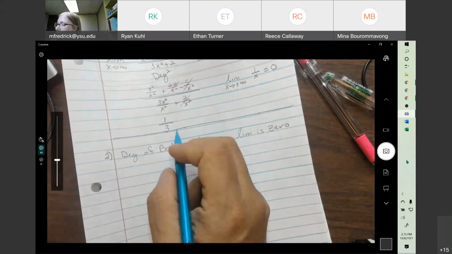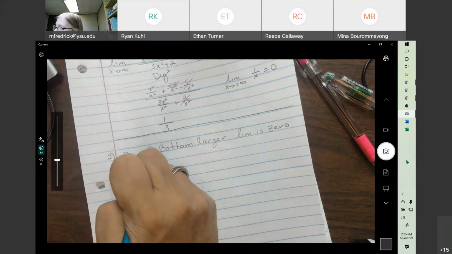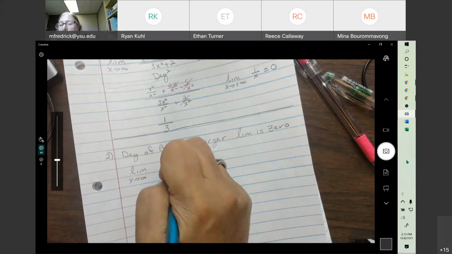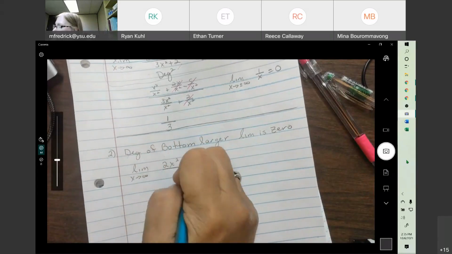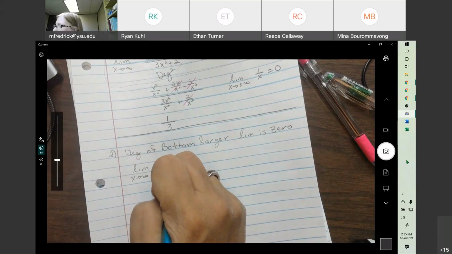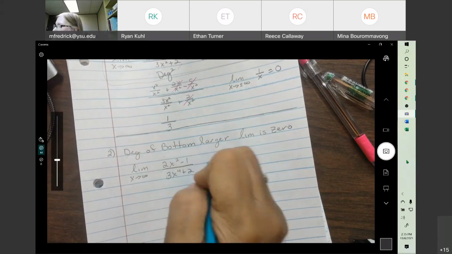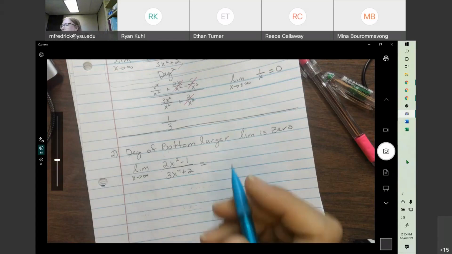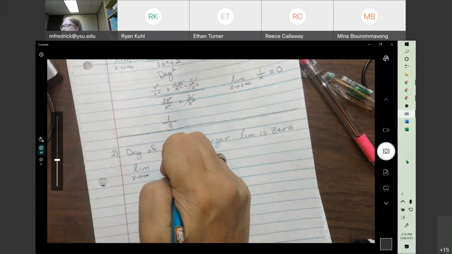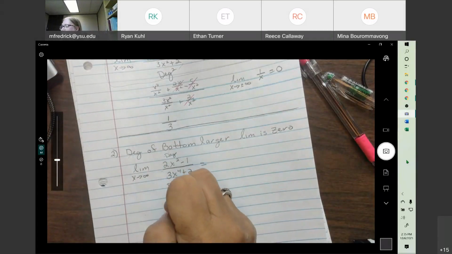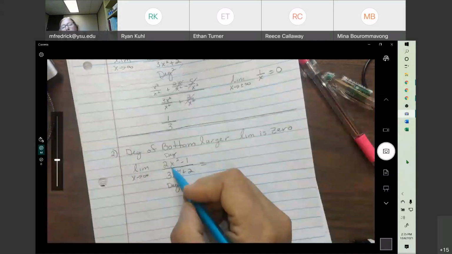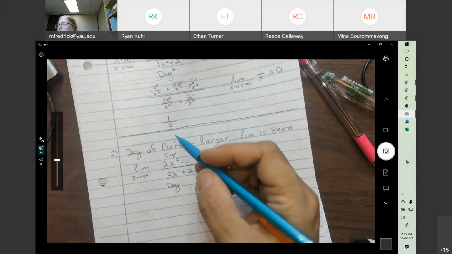If we had the limit as x goes to infinity, 2x squared minus 1 over 3x to the 4th plus 2. Find the degree of the top and the degree of the bottom. Degree of the top is 2.